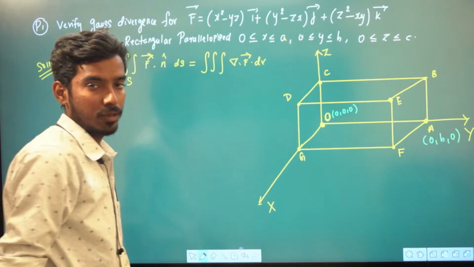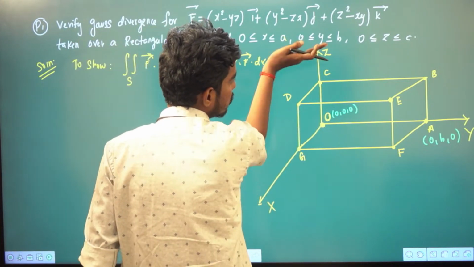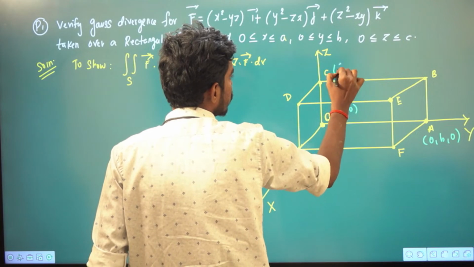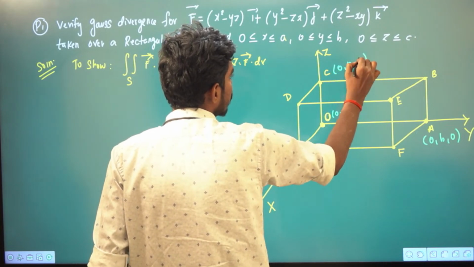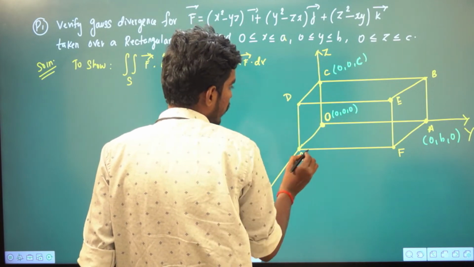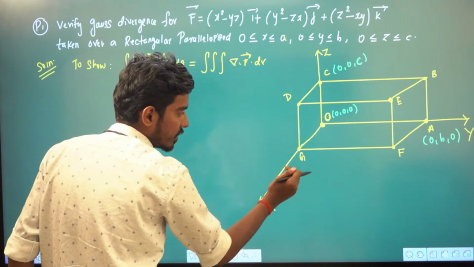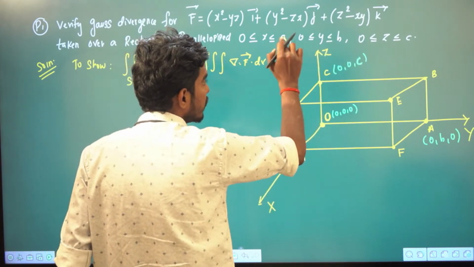Is it clear? Similarly, from origin we are moving through z axis. Z maximum is c. So 0, 0, c. X and y will not change, right? From here we are moving only through z axis. From origin, we are moving in x-axis, a units.